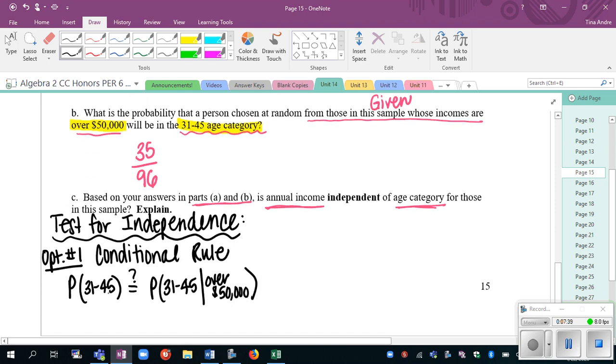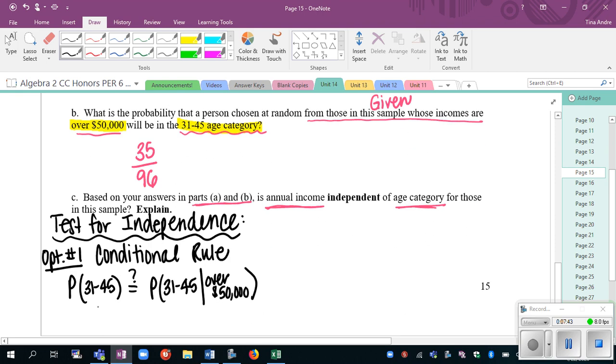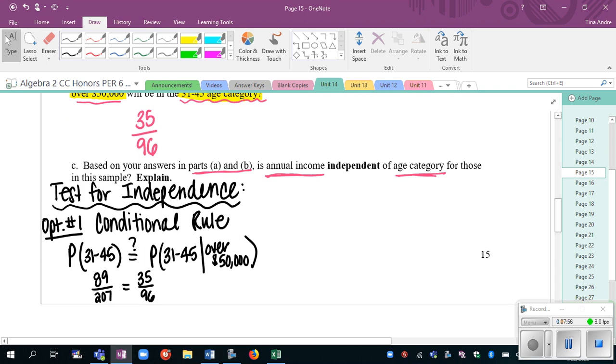I'm plugging in these different scenarios. I know the probability of 31 to 45 is 89 over 207, and the probability from part B is 35 over 96. This is where I really want to convert these into decimals. I don't want to try to compare these fractions, so you want to get as many decimal places as possible.